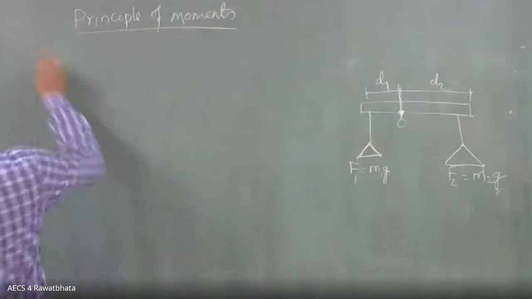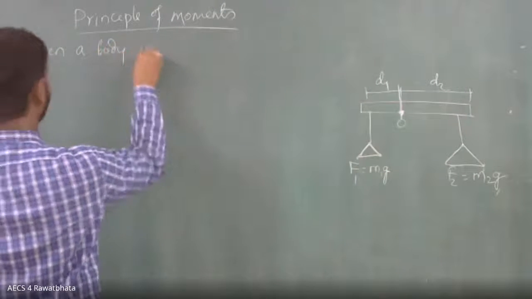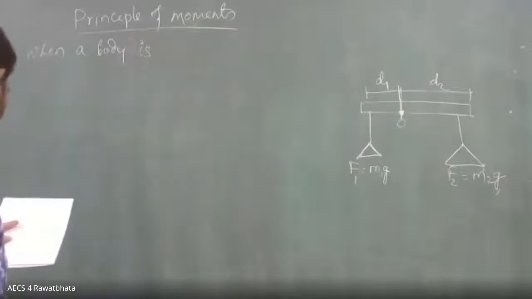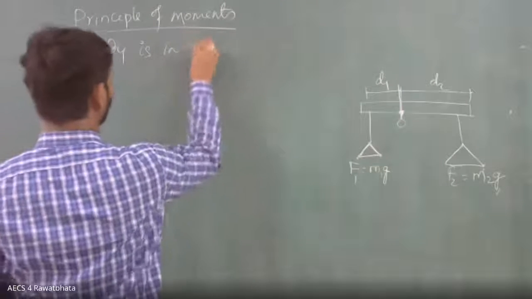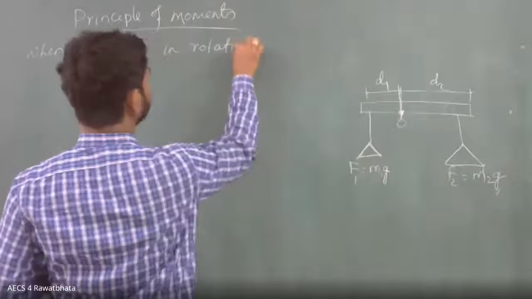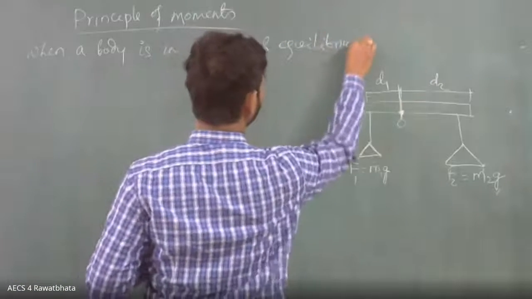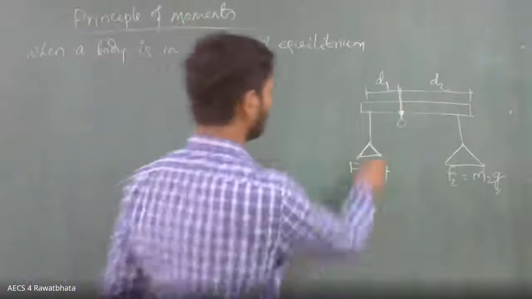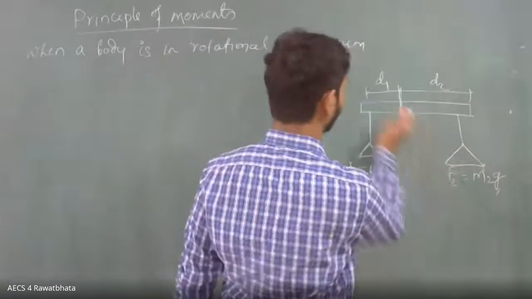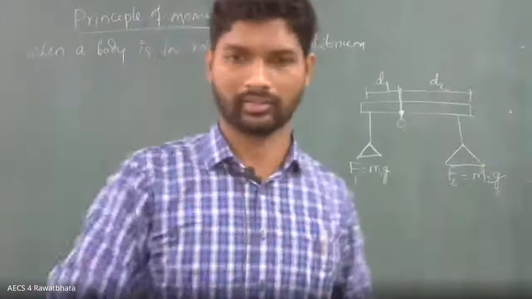So when a body is in rotational equilibrium, suppose this whole system is in rotational equilibrium, that means forces are different and distances are different, still the system is not rotating about the axis.